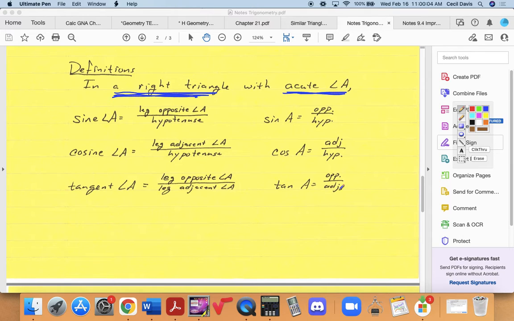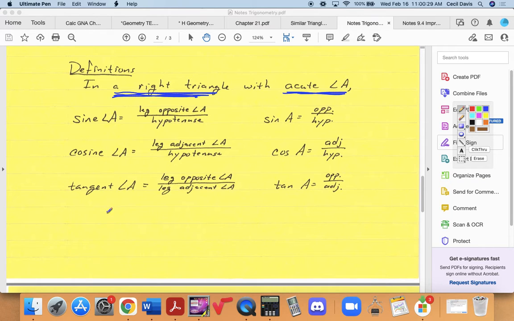I hate these because this is not hard to memorize. Sine is opposite over hypotenuse. Cosine is adjacent over hypotenuse. Tangent is opposite over adjacent. That's all you need to know. It takes less than 10 seconds to say the whole thing. But if you're one of those people who likes things like this and finds them helpful, that's okay.